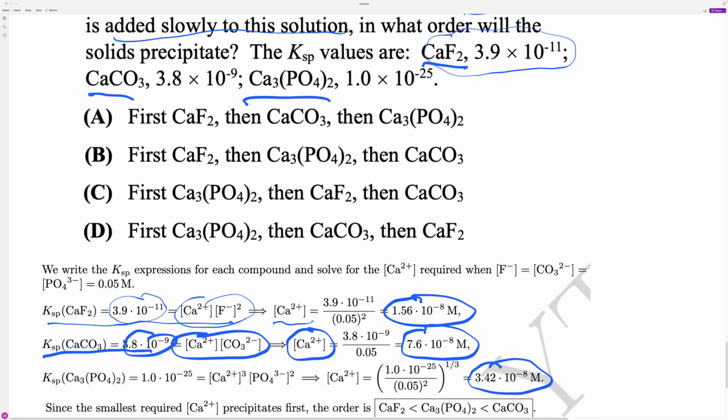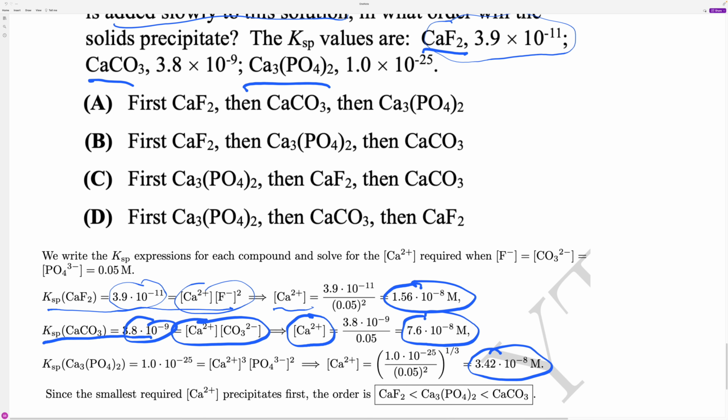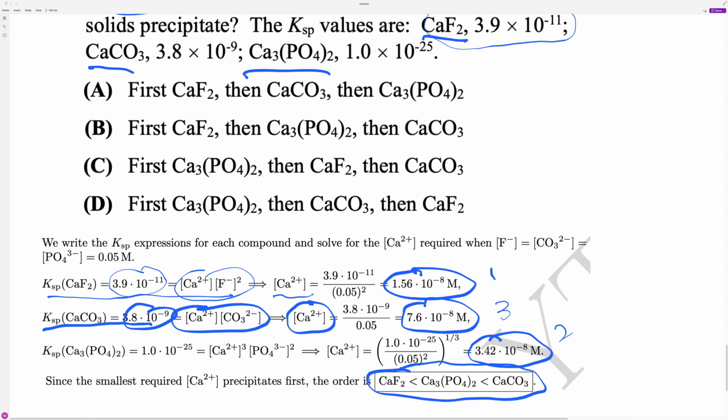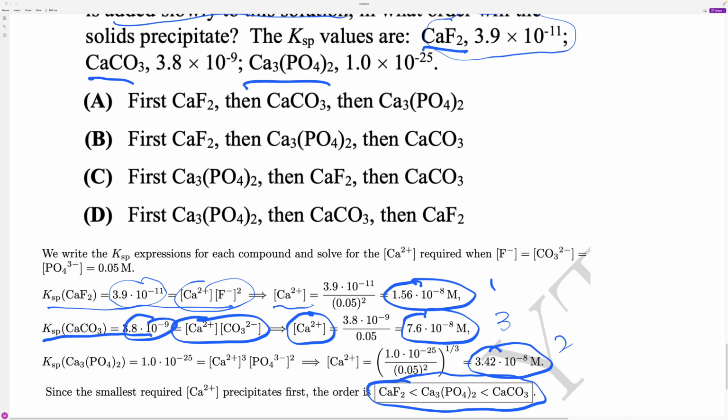So we arrange this from lowest to highest, which is going to be this, then this, then this. So our order is this. And that's reflected in the answer choice B.